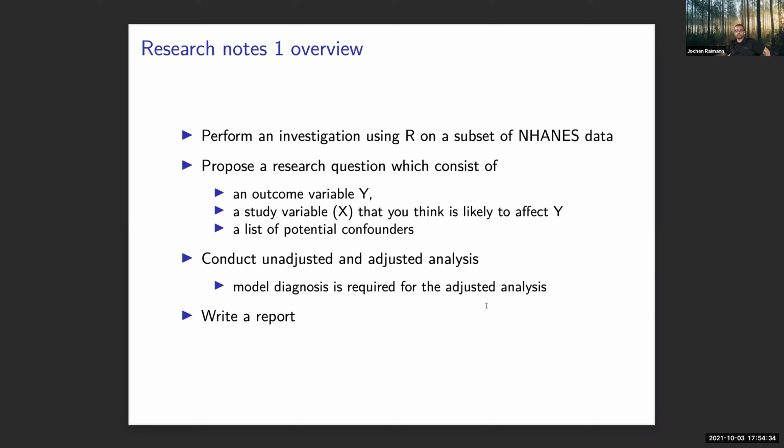For these analyses, I would also ask you to perform model diagnostics to make sure that we are really on the same page and that we really know what we're looking at. And lastly, I would like you to write up a brief report, which should have at least 2-3 sentences of introduction, a little thesis statement, brief methods, a results section, and then some concluding remarks.